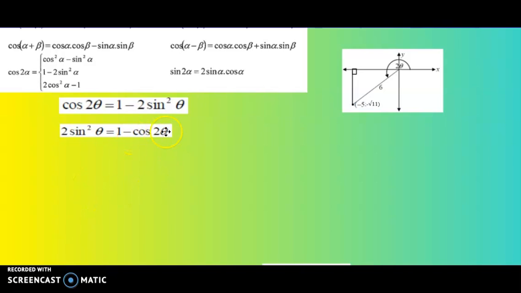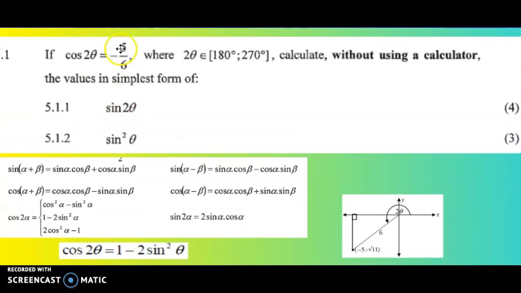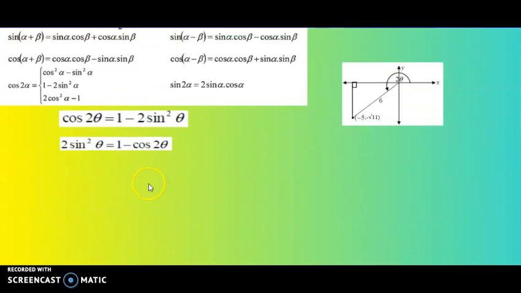Now, cos 2 theta has got a value of negative 5 over 6. I will now substitute that in the place of cos 2 theta. So then I have sine square theta is equal to 1 minus negative 5 over 6, and divide by 2 on both sides in order to isolate sine square theta.